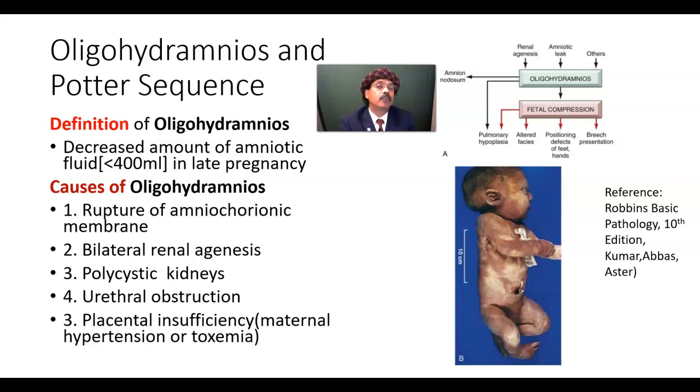So Potter sequence happens due to oligohydramnios. And there is a greater possibility of breech presentation because of lack of fluid. The baby will not get the normal presentation, so there is more chance of breech presentation. The buttock will come first, whereas usually the head should come first. There should be cephalic presentation, but here there is more chance of breech presentation.